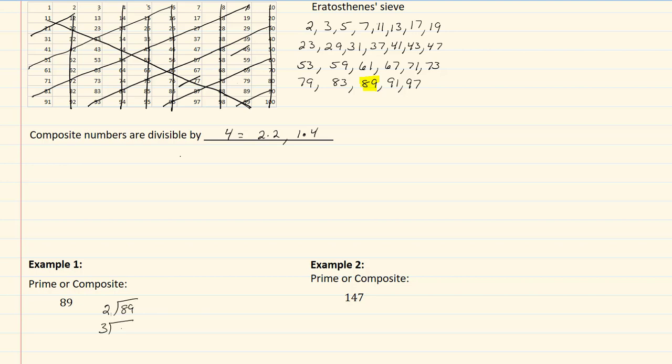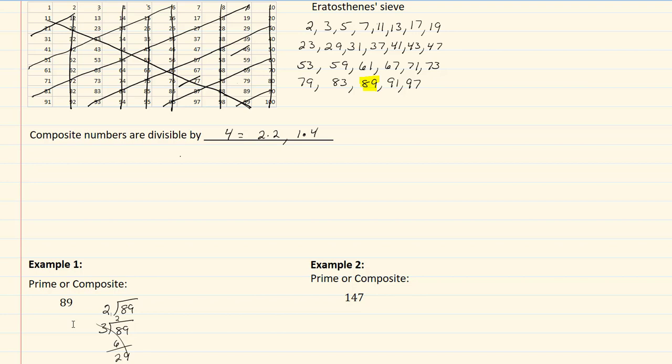If I try to divide it by 3, 3 goes into 8 2 times, which gives us 6, 29. 3 doesn't go into 29 evenly, so that doesn't work. I could try 5, but it doesn't end in 5. It's just not going to be possible to come up with a number besides 1 and 89 to do this one.